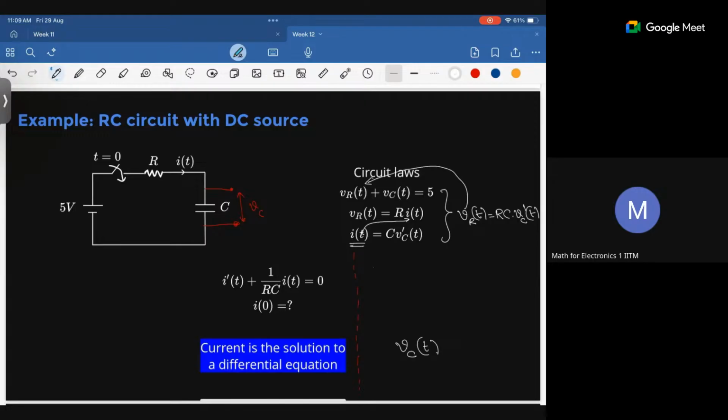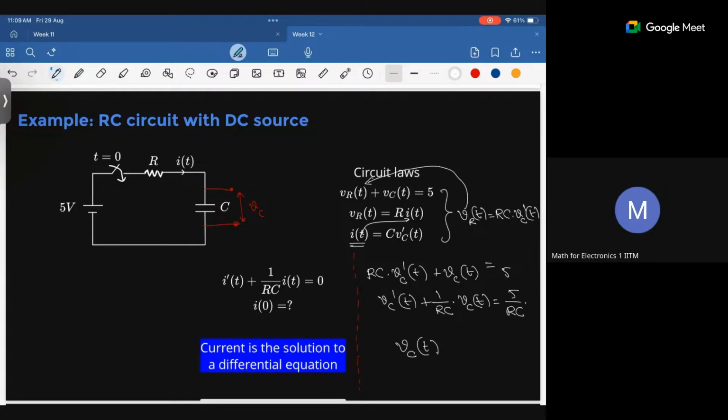I'll get RC into Vc prime of t plus Vc of t plus 5 is equal to 5. Right, and if I divide the whole equation by RC, I'll have Vc prime of t plus 1 by RC into Vc of t is equal to 5 by RC.